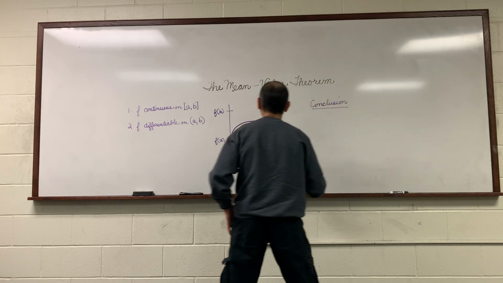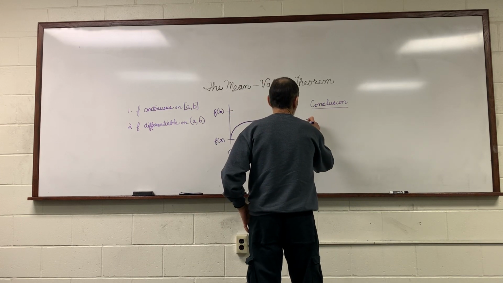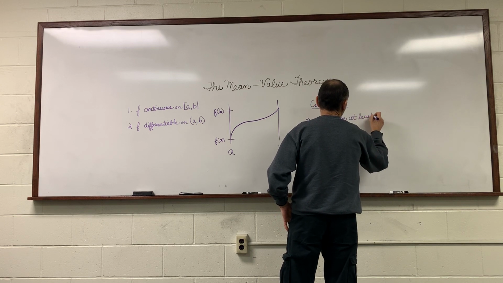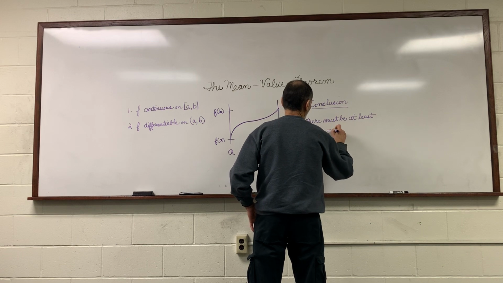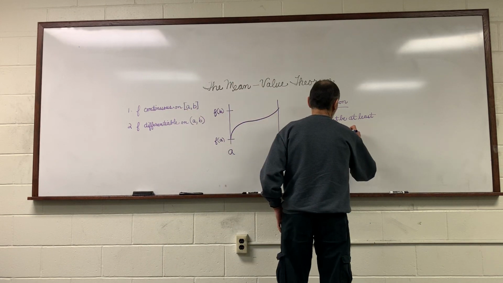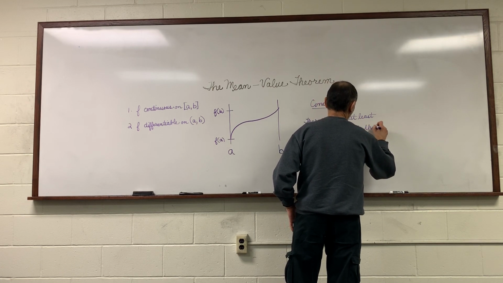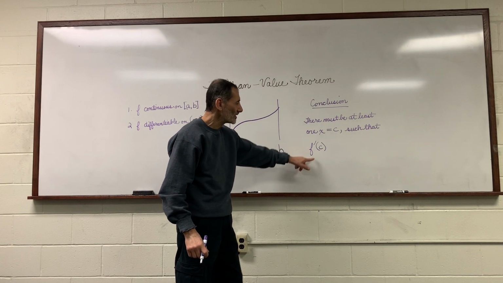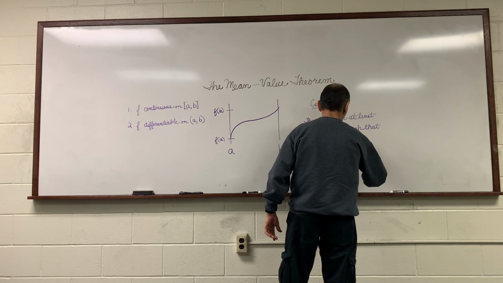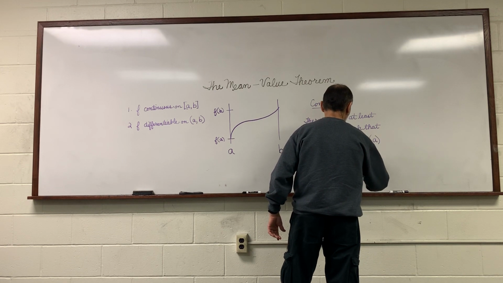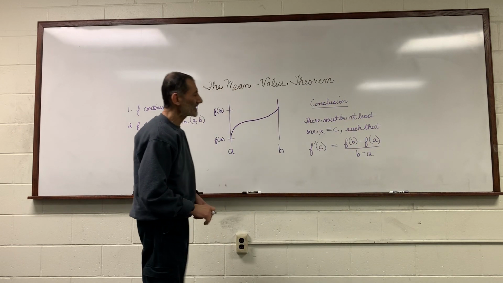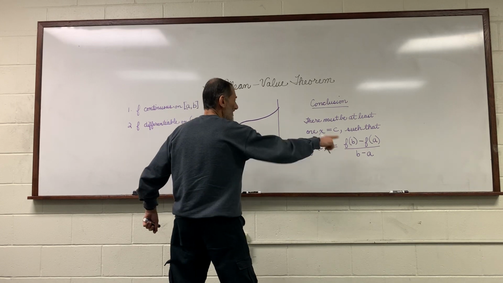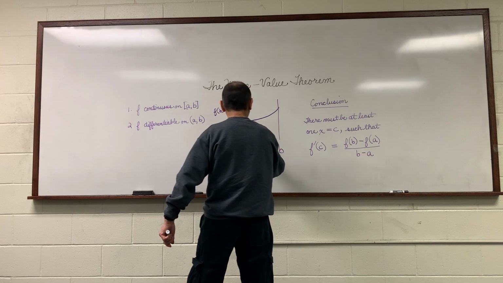And our conclusion in the mean value theorem is, if those are met, then there must be at least one x, which we'll call c, such that f prime of c, that is the slope of the tangent line, the derivative at x equals c, equals the slope of the secant line between the endpoints, okay?